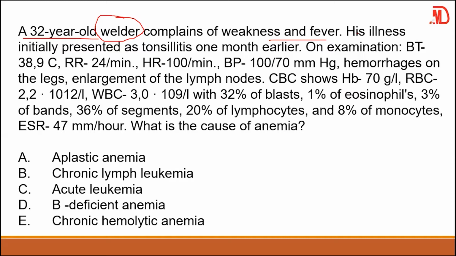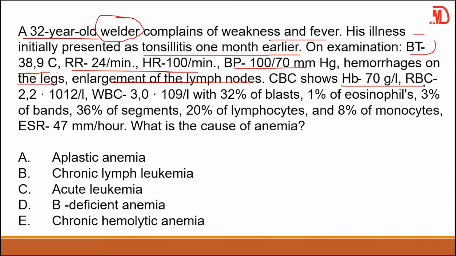But now let's look at the question. His illness initially presented as tonsillitis 1 month ago. On examination, temperature is 38.9, respiratory rate 24, heart rate 100, hemorrhages on the legs, enlargement of the lymph nodes.